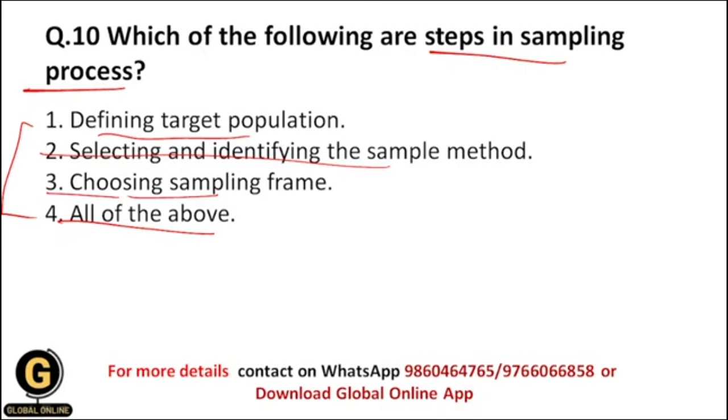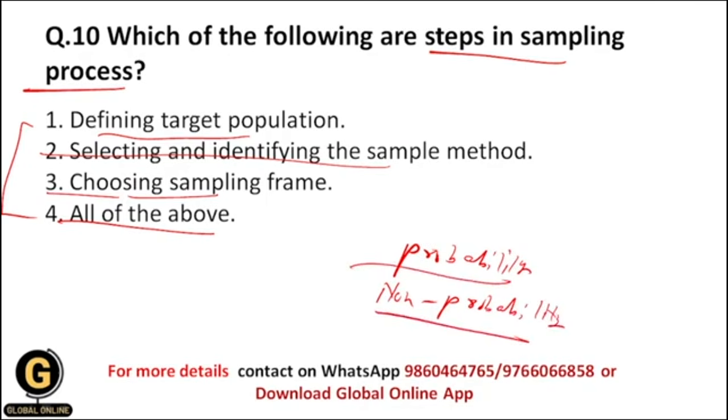So first of all, we need to define the target population, which is the most important step, and after that we need to select the sample from the population, and for that we need to identify which type of sampling method to choose, whether probability sampling or non-probability sampling procedure.